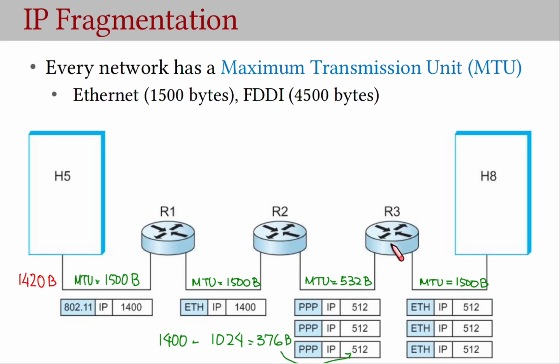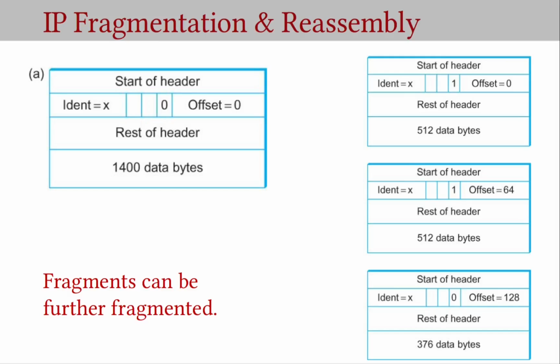And again, from router R3 to this destination, the MTU is larger than this one, but that does not mean that these fragments are going to be assembled at router 3. They basically are carried, as I said, independent of each other up to the destination, and it's the destination that will assemble these fragments. Now we are going to look at how the header changes as a result of fragmentation.